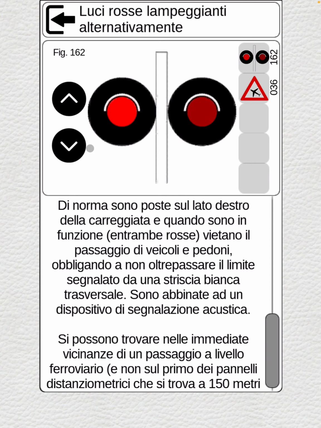So let's go ahead. Luce rossa lampeggiante alternata. This is for railway, tramway, where trains normally pass. The explanation here: if you are getting close to this place, you see the light flashing. Both of them will be flashing at you.